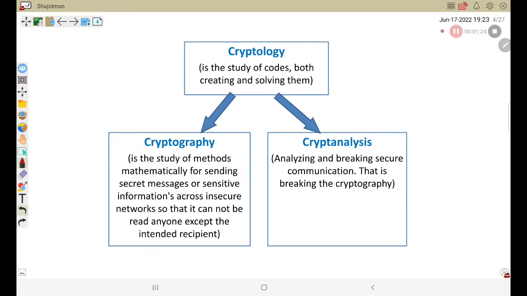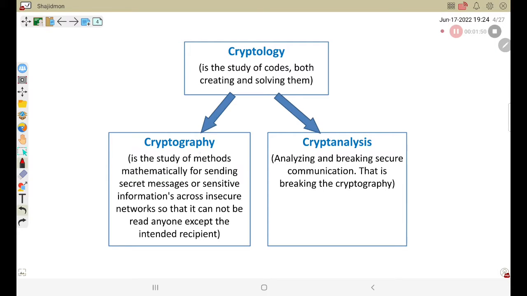Now cryptology we are dividing into two: one we are calling cryptography, and the second one cryptanalysis. Cryptography is the study of methods, mathematically, for sending secret messages or sensitive information across insecure networks so that it cannot be read by anyone except the intended recipient.